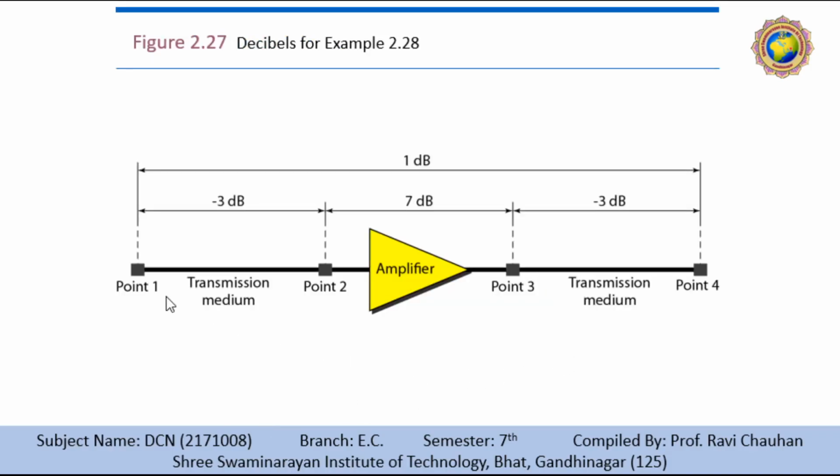How? The transmission medium contains a minus 3 dB loss. Over here, the amplifier is used, so plus 7 is there. Then a particular transmission medium has a minus 3 dB loss. So overall, the signal is a gain in power, plus 1.